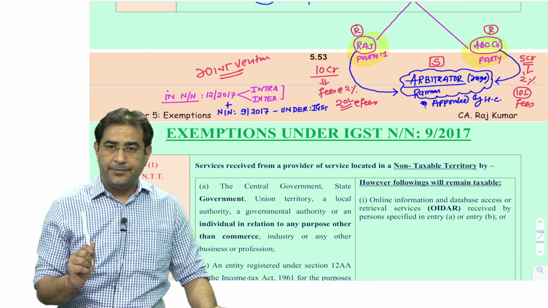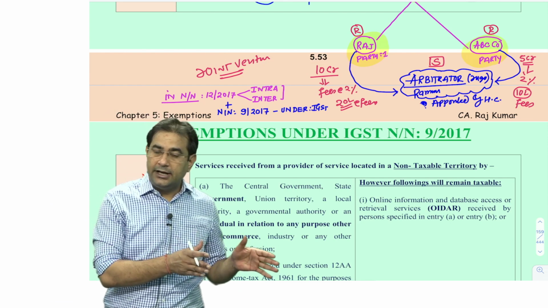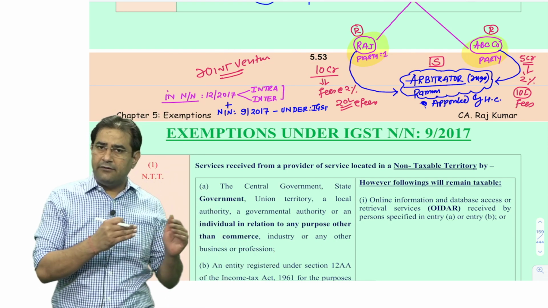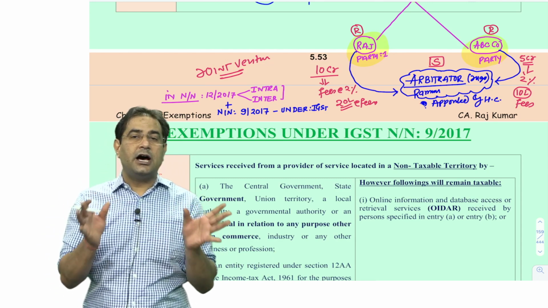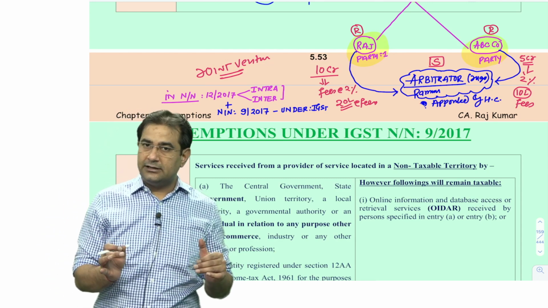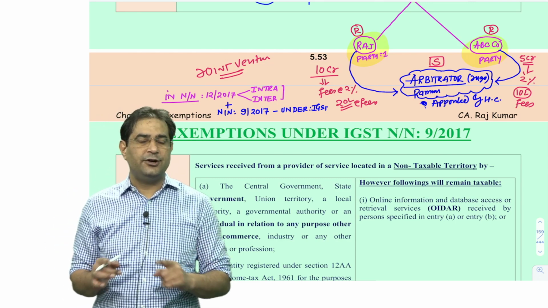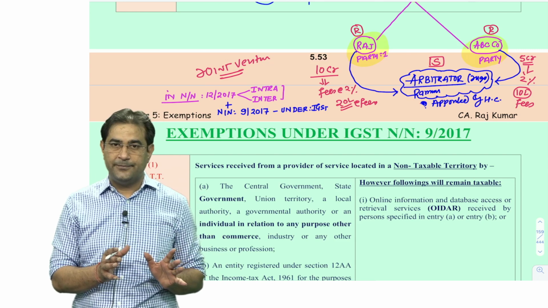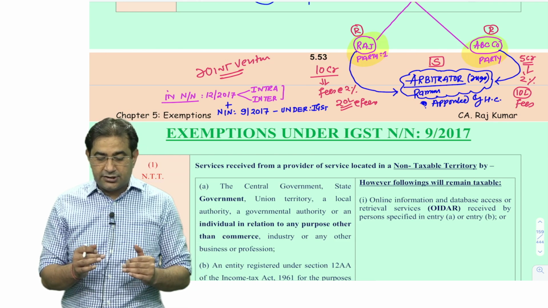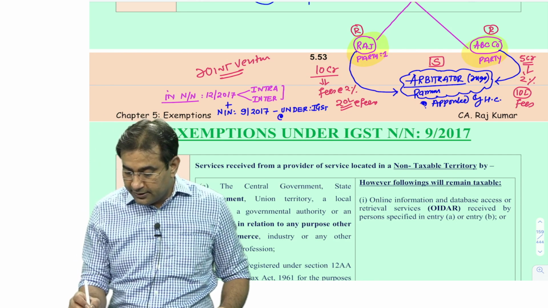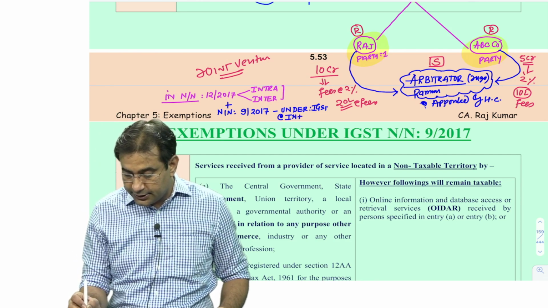Keep in mind, all the exemptions contained under notification number 12/2017 that we have discussed till now are common exemptions whether the supply is intrastate or interstate. In both situations they are applicable. But the exemptions which we are going to discuss are applicable only in respect of interstate.